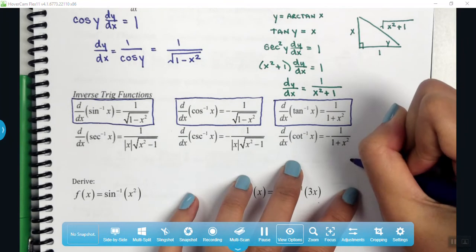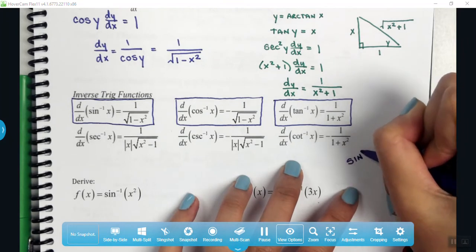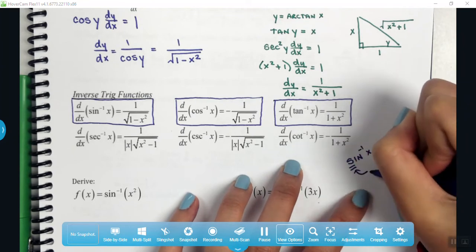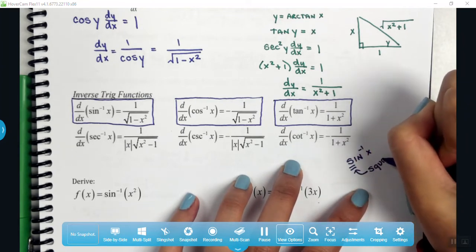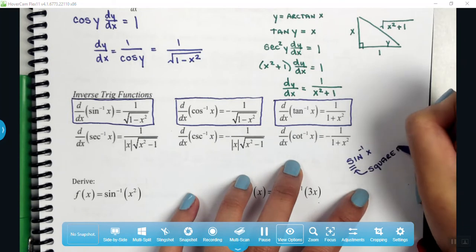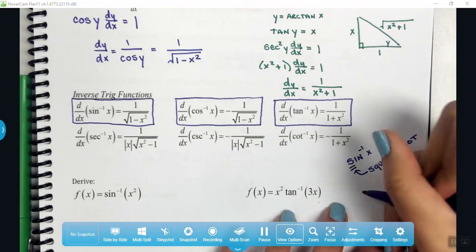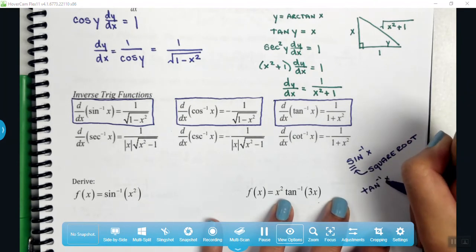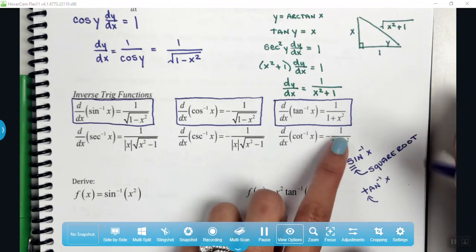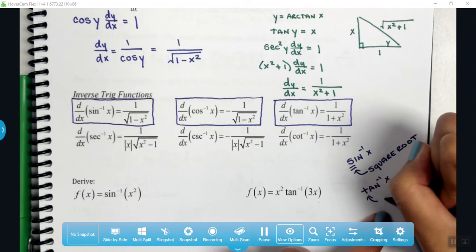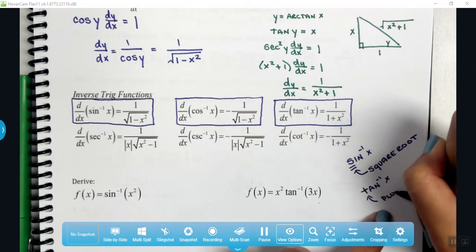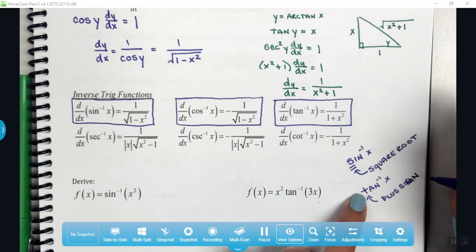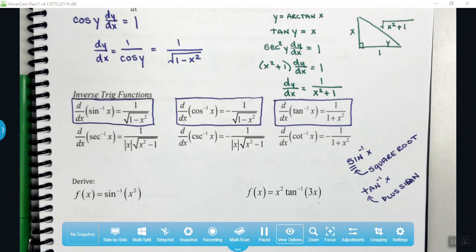Here's how I remember it. Arcsine starts with an S, right? So that's the one that needs the square root. And then arctan x, that's the one that starts with a T. So this one has a plus sign because it has a T, so the T is plus.